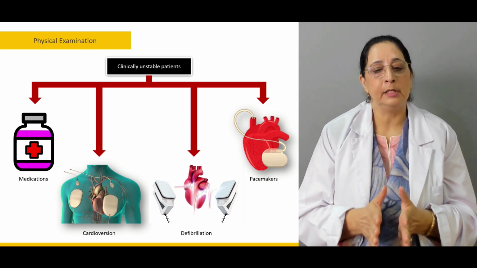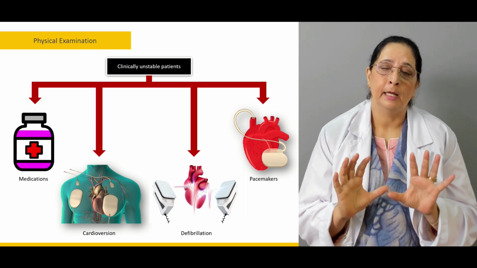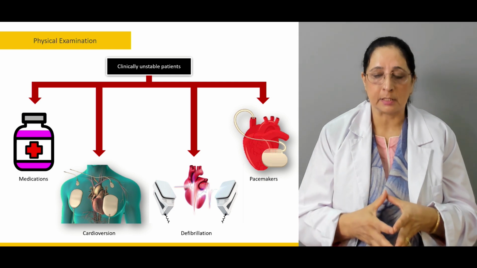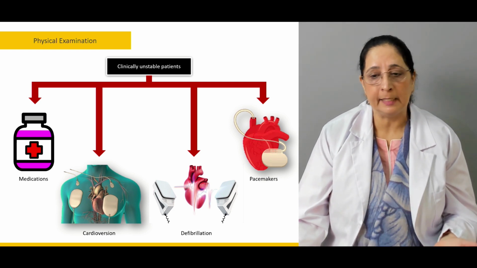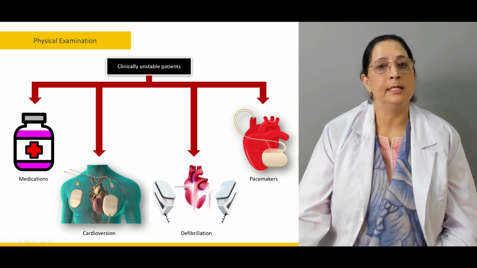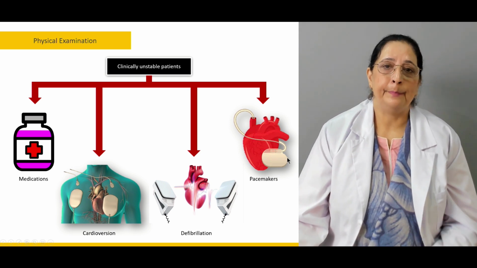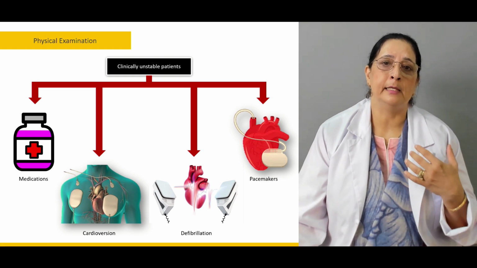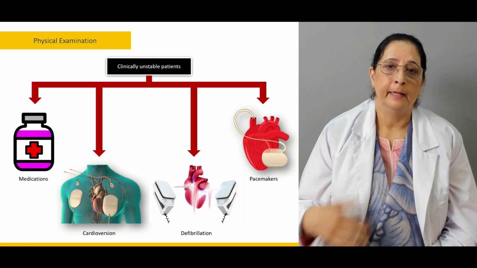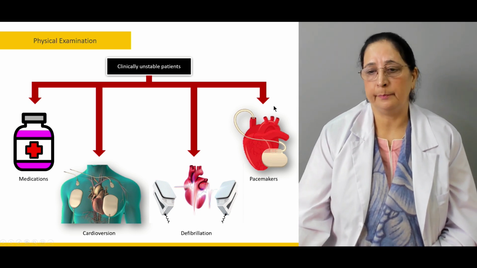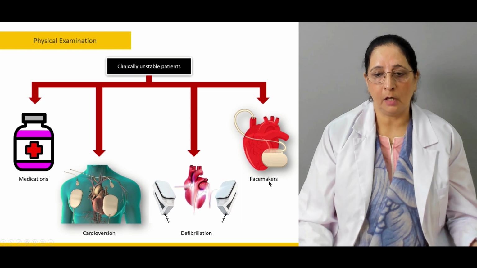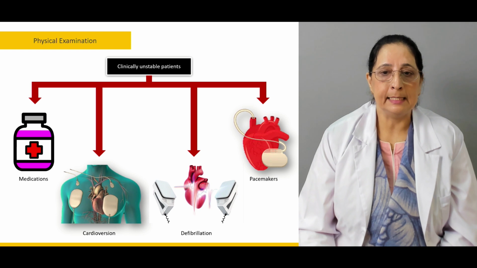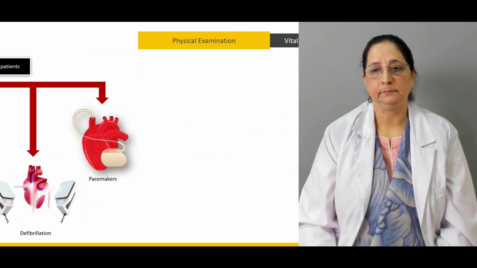We can go for cardioversion, in which the electrodes are applied, pads are applied, and electric shocks are given. Same with defibrillation, and also pacemakers. We can implant the pacemaker that generates the impulse when the SA node is not functioning. Impulse is generated through the pacemaker of the heart. So all these different options are available in patients who are clinically unstable.